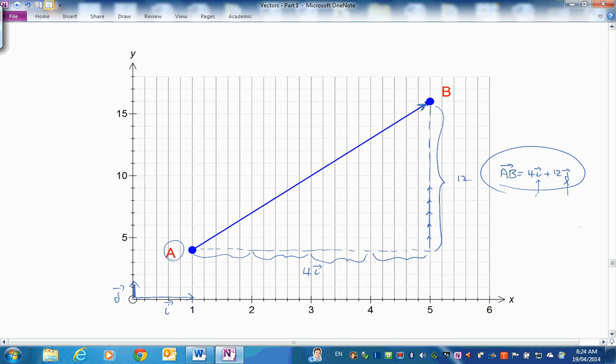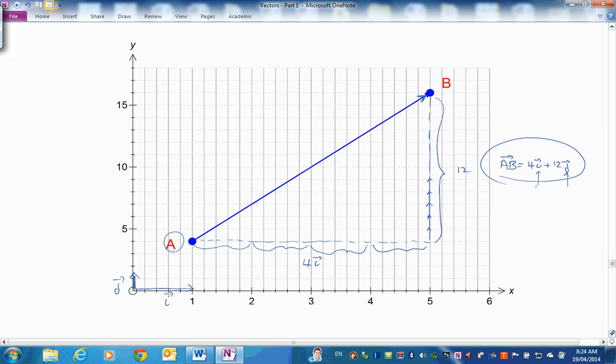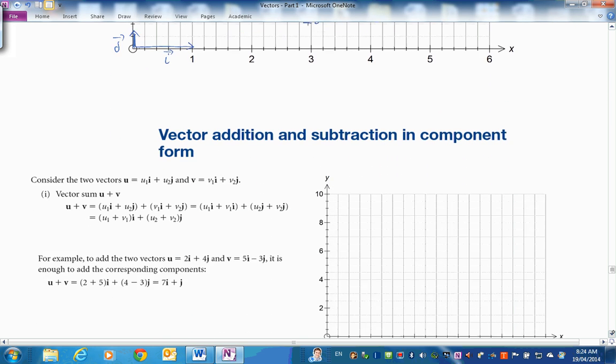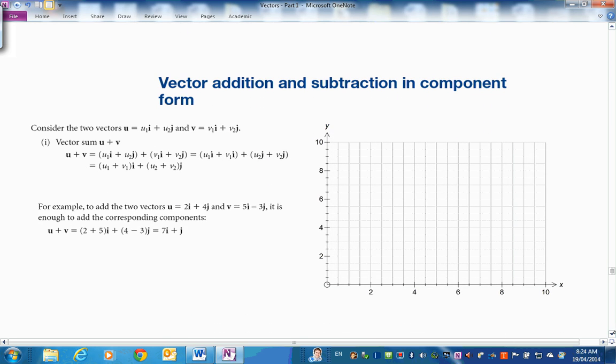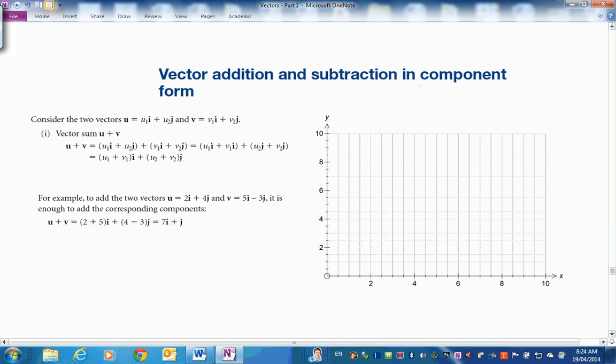Okay, so that's what we're now going to do to finish this little unit off. Look at that component expression in terms of the unit vectors on the axes. In component form, using i and j, the unit vectors on the x and y axes. If you look at vectors now, you'll have a number of lots of i and a number of lots of j.